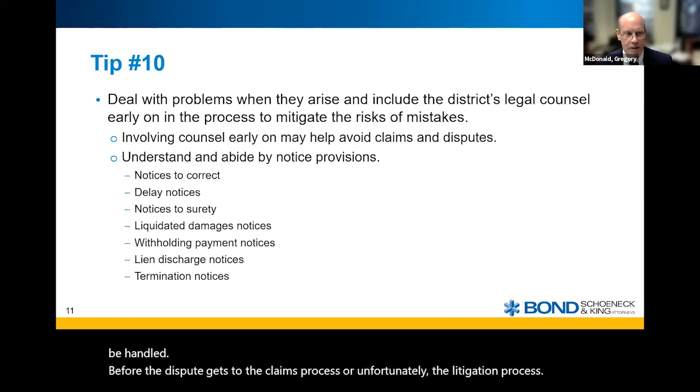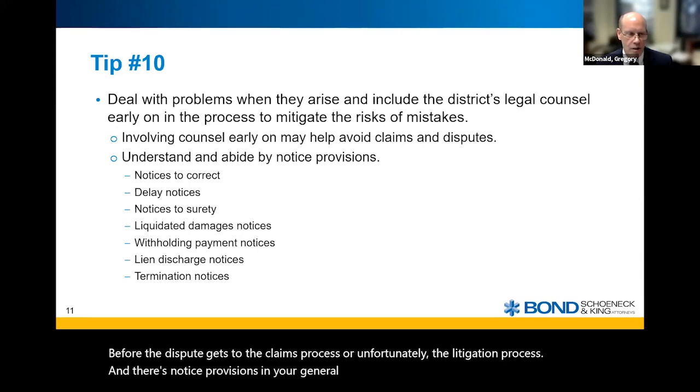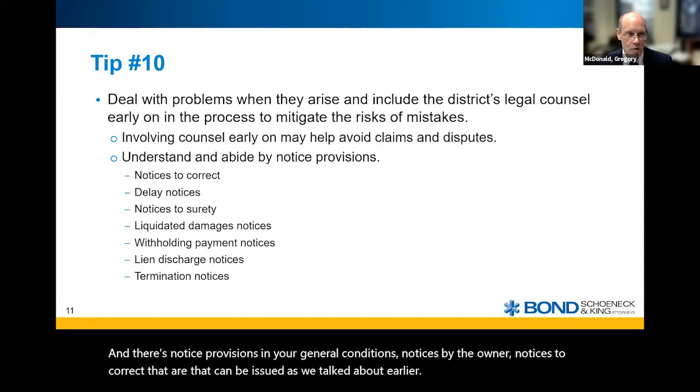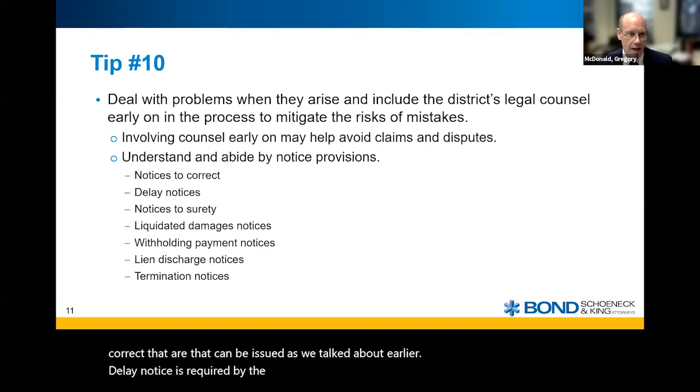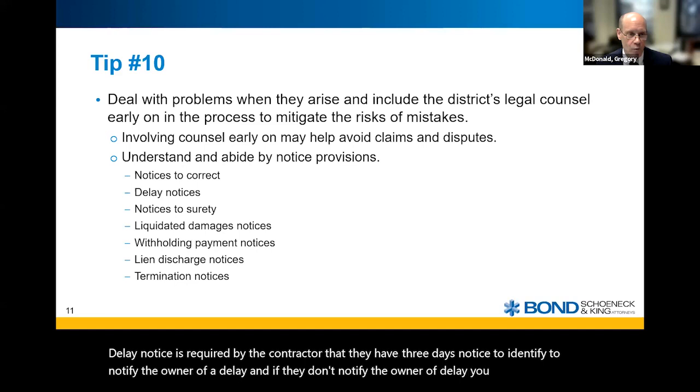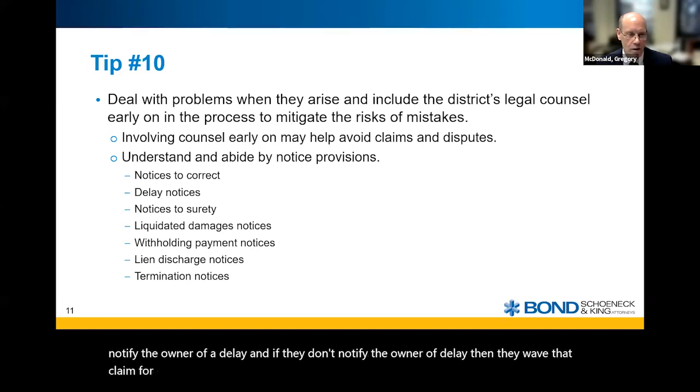And there's notice provisions in your general conditions, notices by the owner, notices to correct that can be issued as we talked about earlier. Delay notice is required by the contractor, that they have 3 days notice to notify the owner of a delay. And if they don't notify the owner of delay, then they waive that claim for either additional costs or additional time.